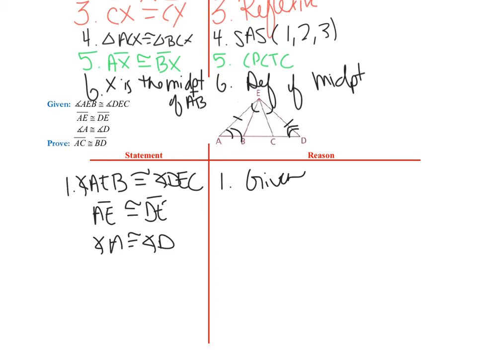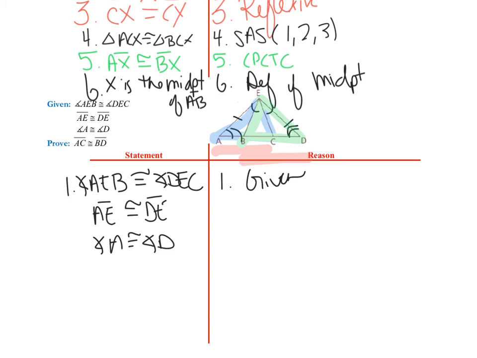Okay, so the problem here is that I am trying to prove AC is congruent to BD. So some of you might say, well, we have 3 components. We can go ahead and prove the 2 triangles congruent right away. We can't, okay, because we have to look at these triangles separately. So I have to look at this triangle and then this triangle.